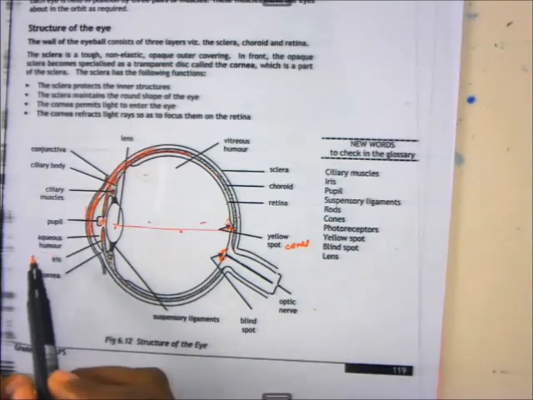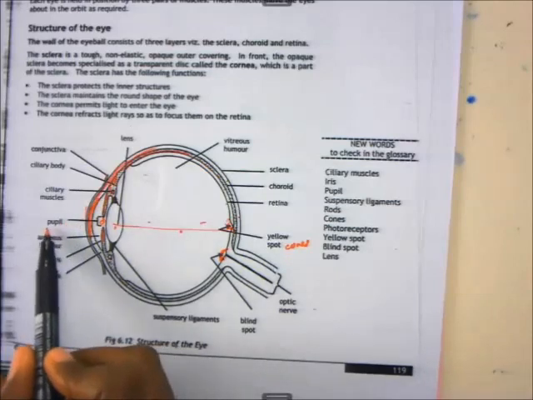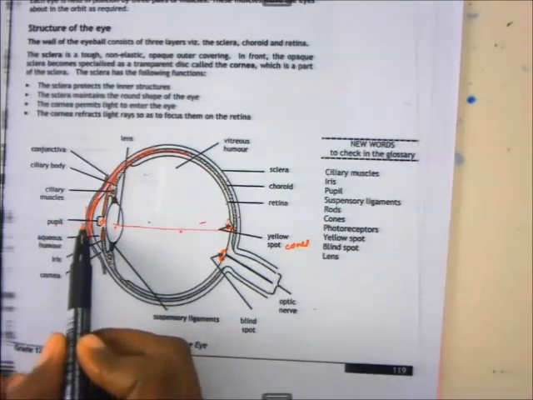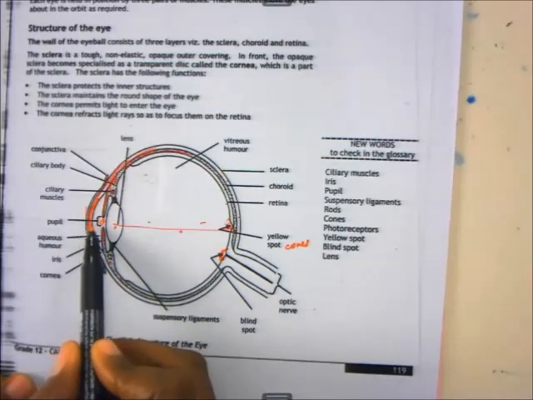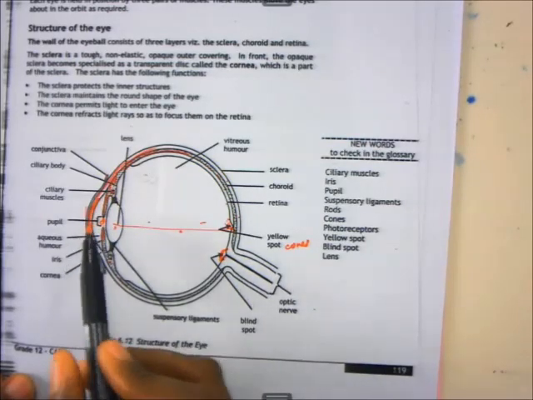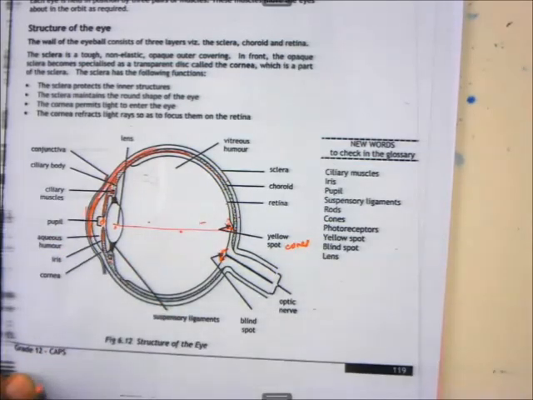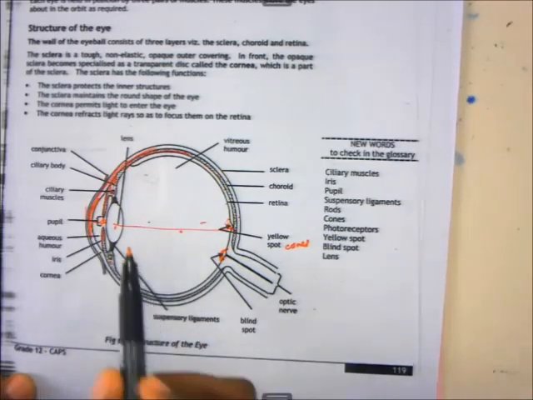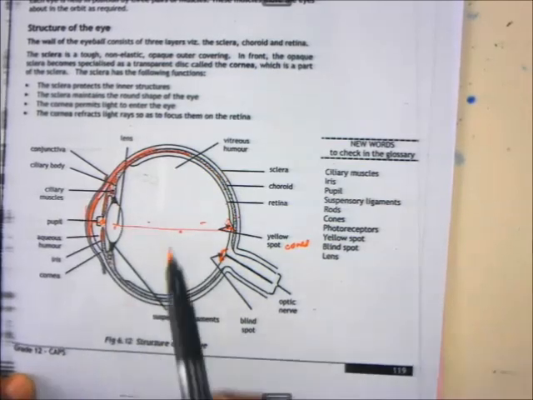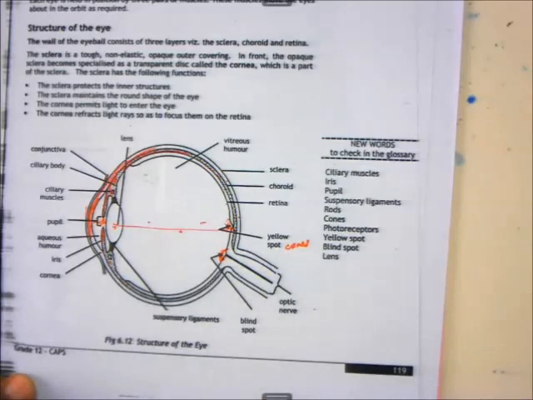Okay? The light rays from the environment will strike the cornea. They will get refracted by the cornea, and then from there they will go into where? Into the aqueous humor. From the aqueous humor, the light rays will pass through the pupil, the lens, and then from the lens it will be to the vitreous humor.